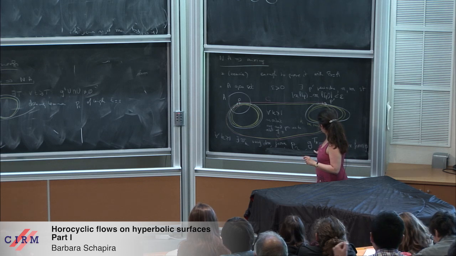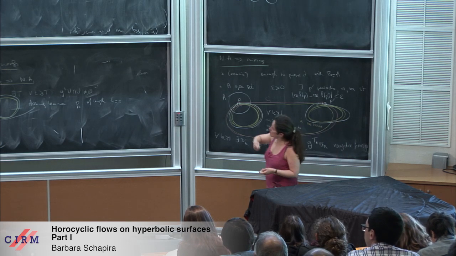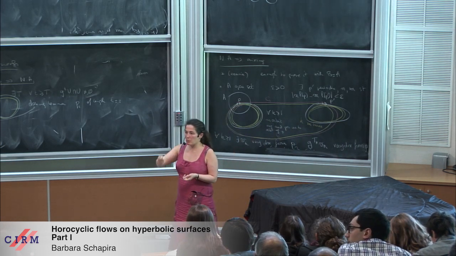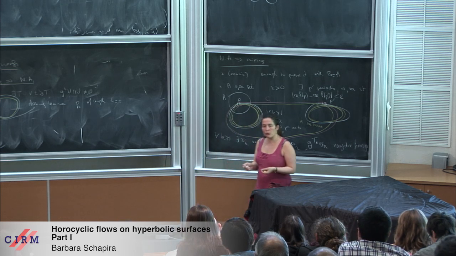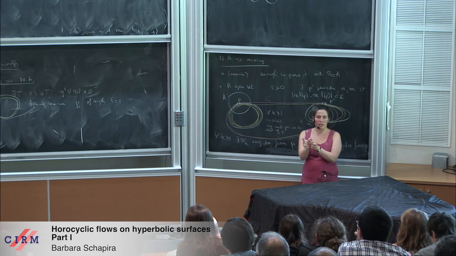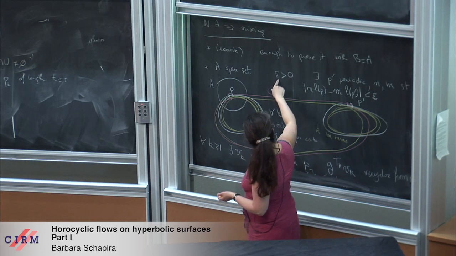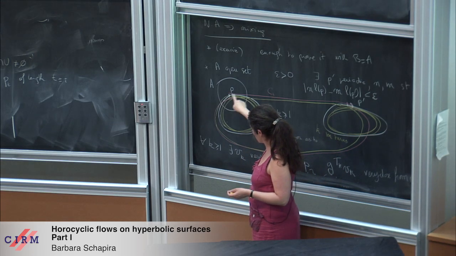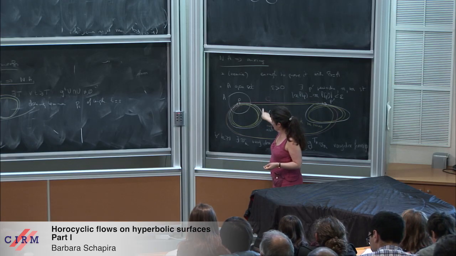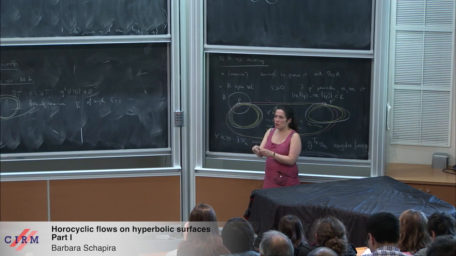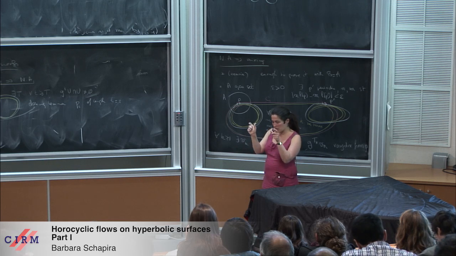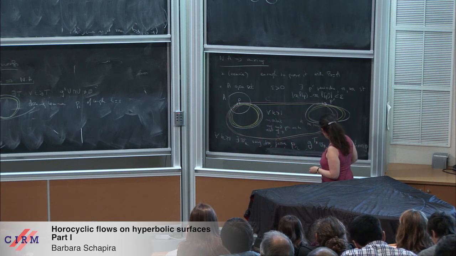In the mixing property, you want that for all t large enough, you come back in A. But the geodesic flow is continuous. So if A is an open set, then for epsilon small enough, it's enough to prove that the set of times where you come back is epsilon dense, because by continuity, it will be an interval.